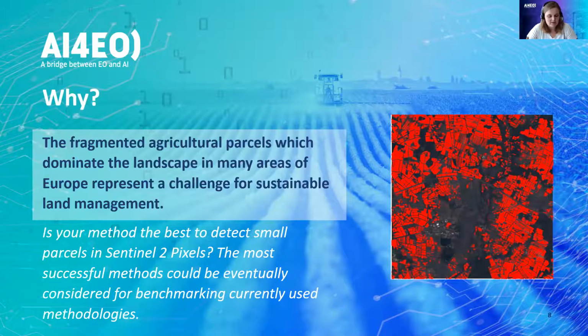It's because in a lot of countries in Europe and beyond, agricultural fields may be narrower than 10 meters, or you may want to find specific features on a field, like buffer strips, for example, that are narrower than those 10 meters, but for which the free and open data from the Copernicus Sentinel-2 satellites can come in very handy.